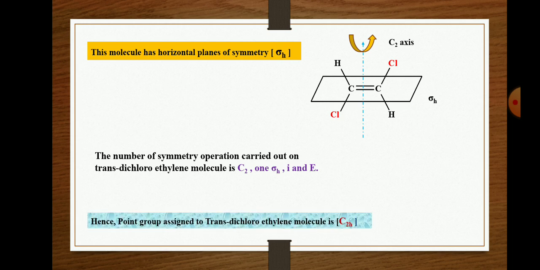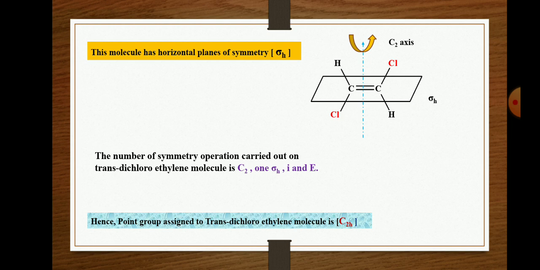Hence the point group assigned to trans dichloroethylene is C2h. Try to understand: C2 is a rotational axis, and one molecular plane of symmetry is present, which is horizontal, therefore it is sigma h, therefore C2h.